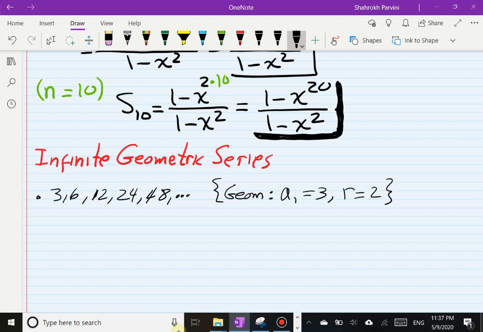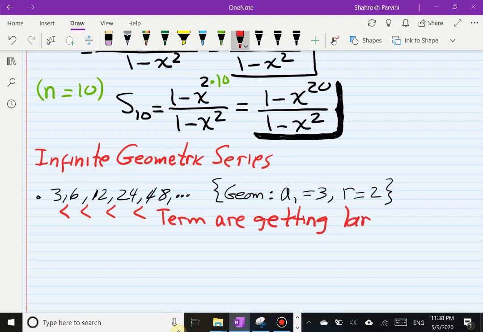Now, if you look at this, 6 is greater than 3, right? 12 is greater than 6. 24 is greater than 12, 48 is greater than that. So here, the successive terms are getting larger, right?